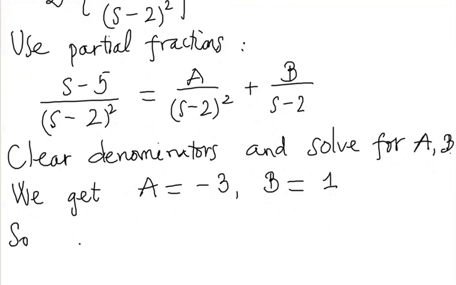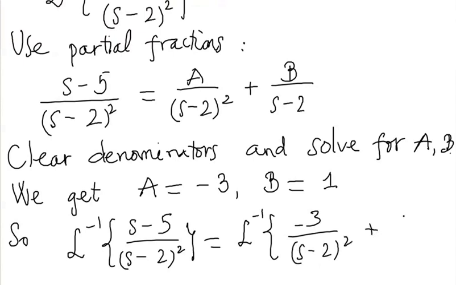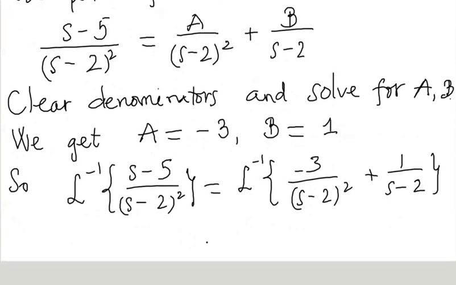And so the inverse Laplace transform of the fraction s minus 5 over s minus 2 squared is the inverse Laplace transform of minus 3 over s minus 2 squared plus 1 over s minus 2, and we get, don't forget this is the minus sign in front.